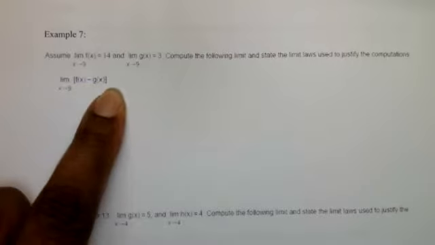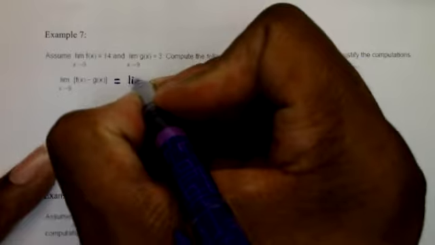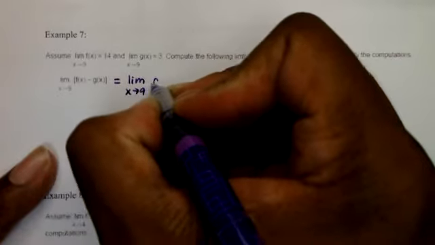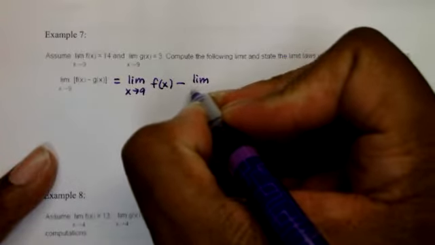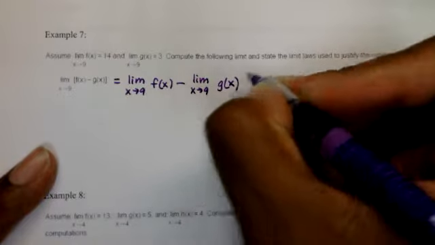Well, notice that the limit of the difference of f and g, I can write that as the difference of the individual limits here. So I can write this as the limit as x approaches 9 of f of x minus the limit as x approaches 9 of g of x.